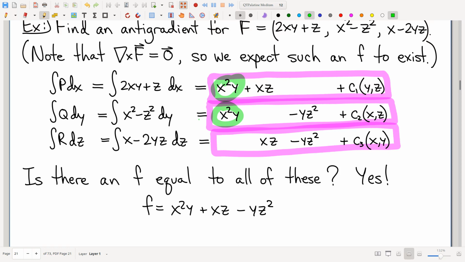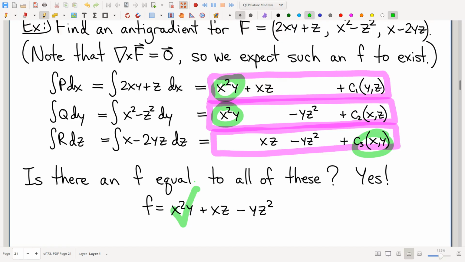I don't see an x squared y here, but I get to pick these partial constants however I like. I could just make that x squared y, and now all three of these purple expressions that I need to be equal to each other, well, they are, so far at least, in terms of that x squared y term. Everybody with me?